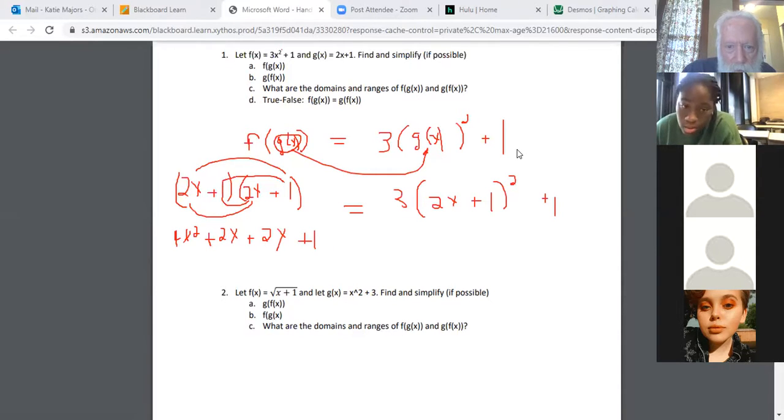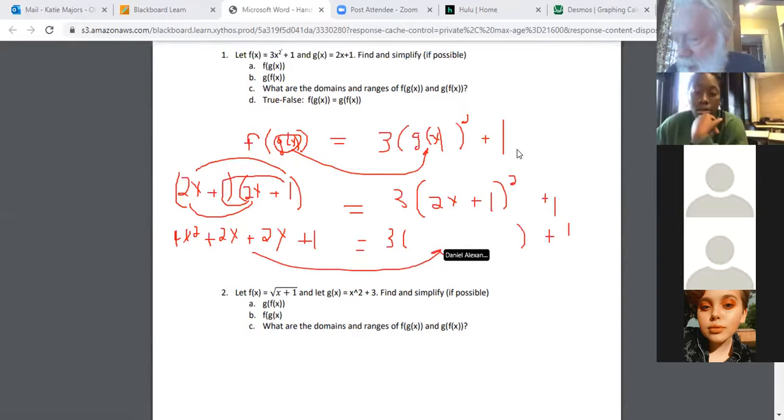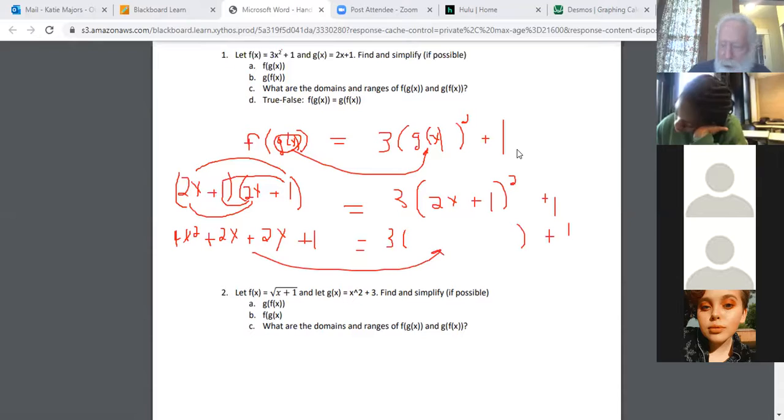Okay. And then all that would go here. Okay, and so our final answer is, then we still have to multiply out? Yeah, you have to multiply everything by the 3. So 12x squared plus 6x plus 6x plus 3? Yeah, it's 3 times 1, so that's going to give you 3. Right, exactly.